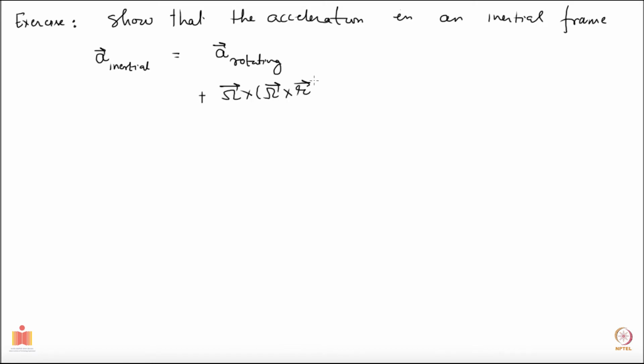Okay, omega is the angular velocity of the frame, and r is the coordinate of that particle which you are looking at, plus 2 omega cross the velocity of that particle as found in the rotating frame, plus omega dot cross r. Okay, and yes, that's all. Let's see, 1 2 3 4, the 4 terms, correct.